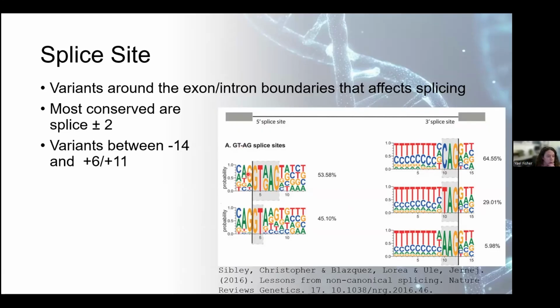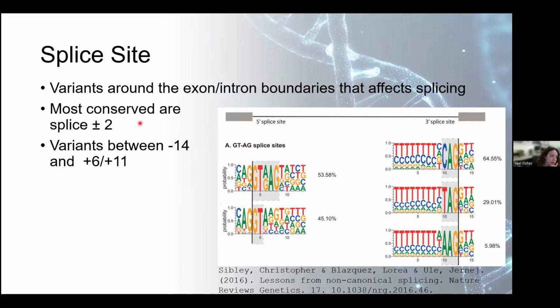When we're talking about splice site variants, we're talking about usually variants that are between -14 base pairs before the start of the exon, or 6 bases, or depending on where you look at, sometimes 11 bases after the end of the exon.